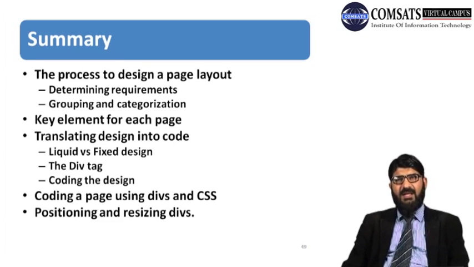Then we have seen the key elements for each page: the common key elements for each page, and then specific key elements for each page. We have seen that in our example, logo, header and footer will be the generic sections that will appear on all our web pages, while for each web page there are some specific sections as well, like for a user page there are send message and receive message sections.